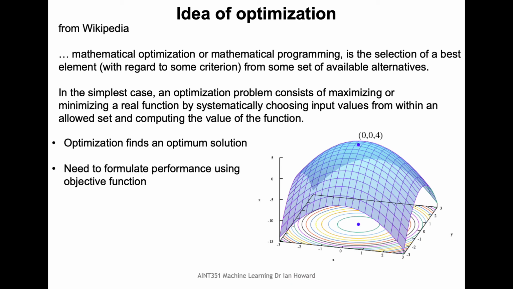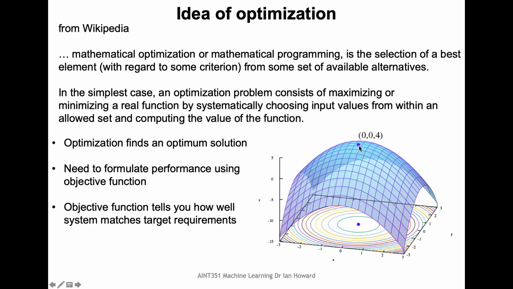It's got a unique peak, a global maximum, and in terms of what we're calling a good performance measure, we probably want to find parameter values that correspond to this point here at the top, this little blue dot.